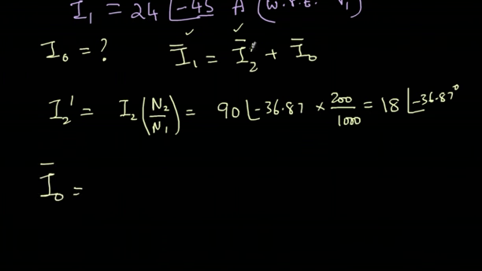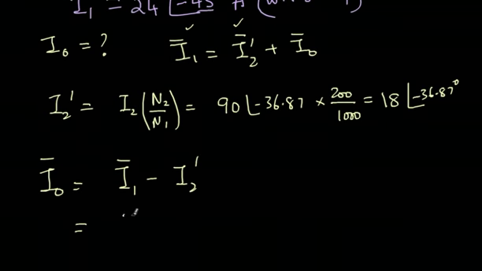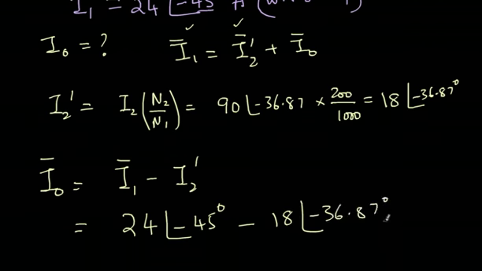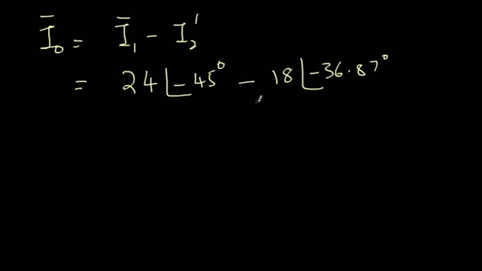I naught is nothing but from this equation I1 minus I2 dash. So I just take this to the other side. So I1 already given in the question, 24 amperes at an angle of minus 45 degrees minus 18 amperes at an angle of minus 36.87 degrees. Now if I do this calculation, I'll be able to find what is I naught.